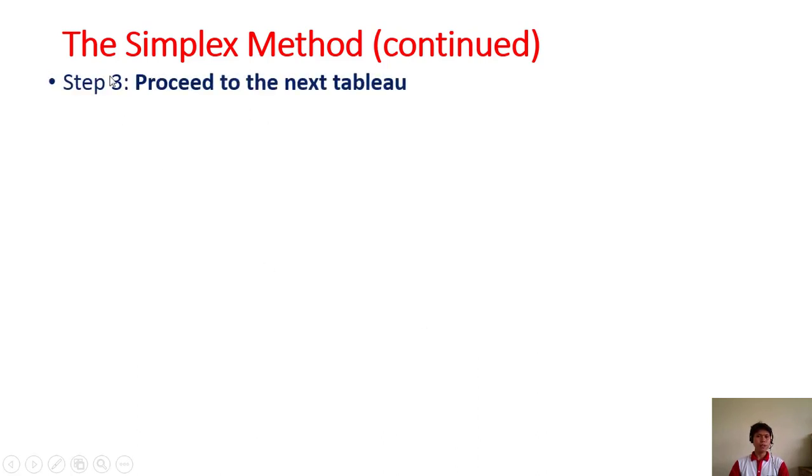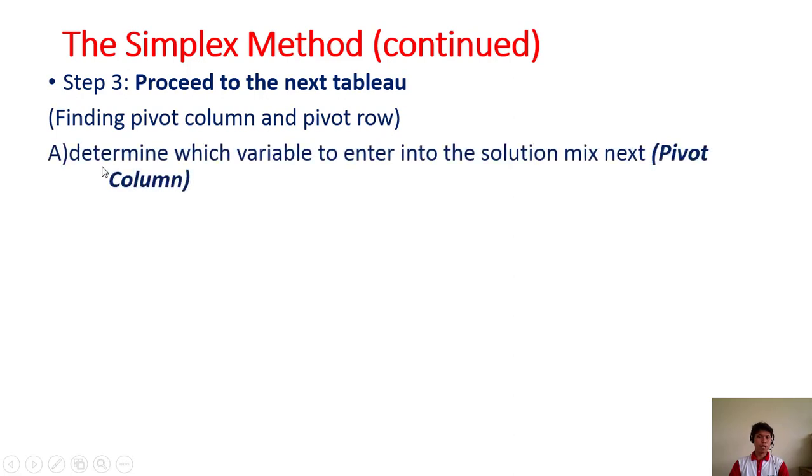Okay. And step number 3, proceed to the next tableau, finding the pivot column and the pivot row. How to find it? Letter A, the first thing is to determine which variable to enter into the solution mix next, the pivot column.